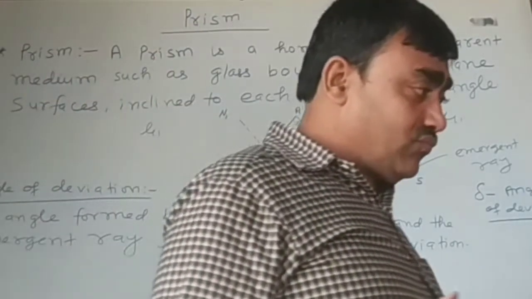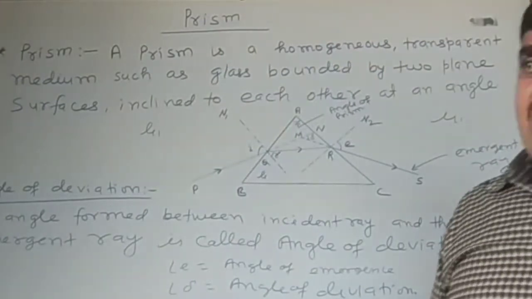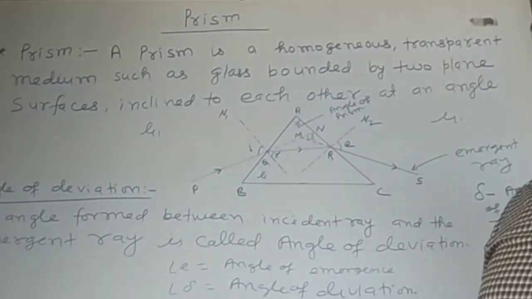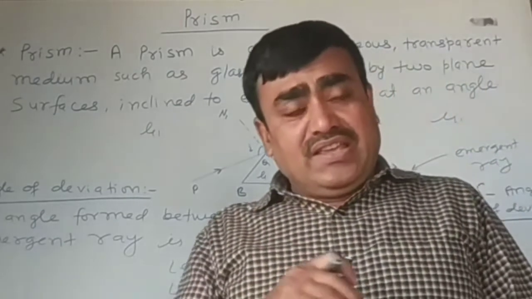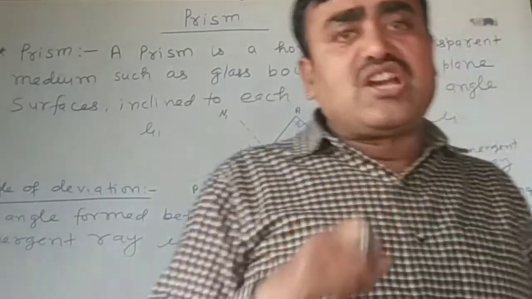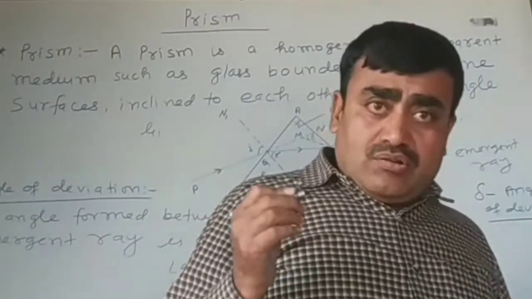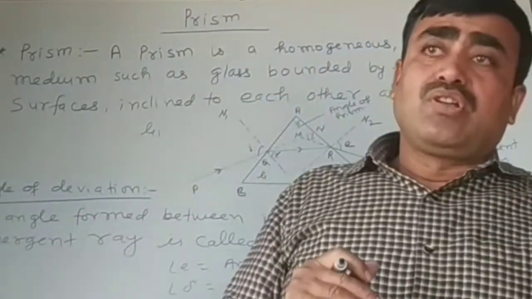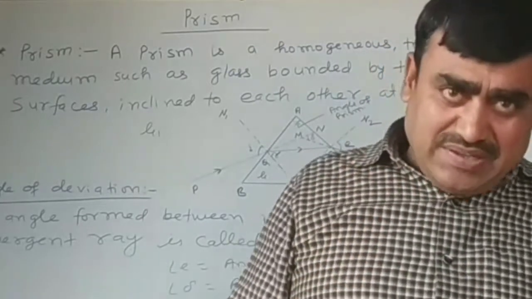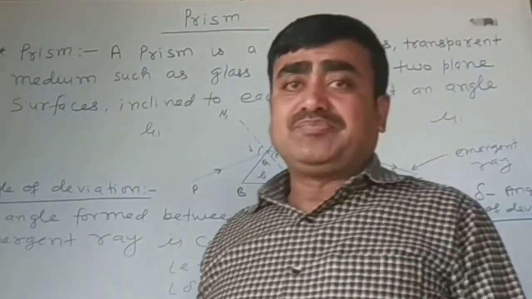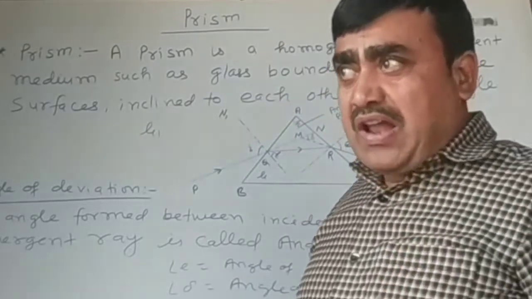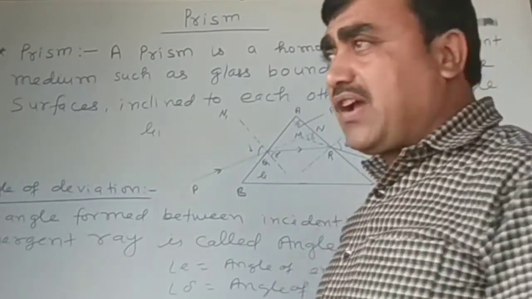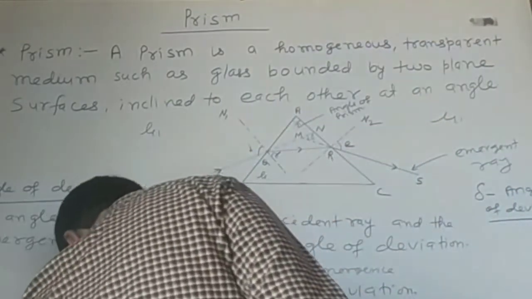We can find the formula of angle of deviation. Okay, but the derivation of the formula of angle of deviation is out of your syllabus. So I only tell you what is the value of angle of deviation.